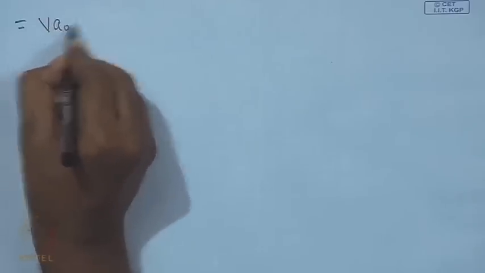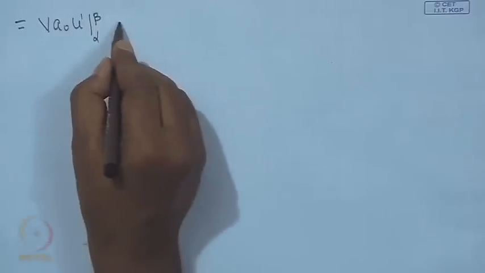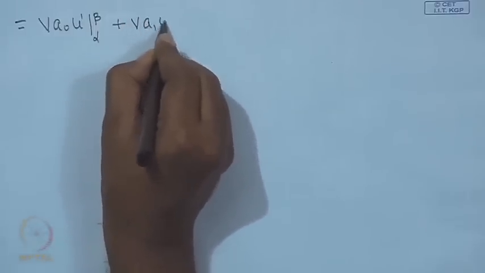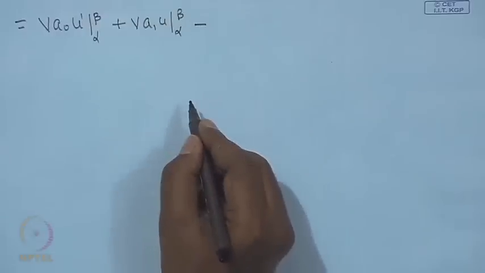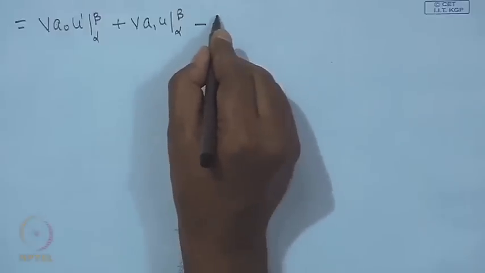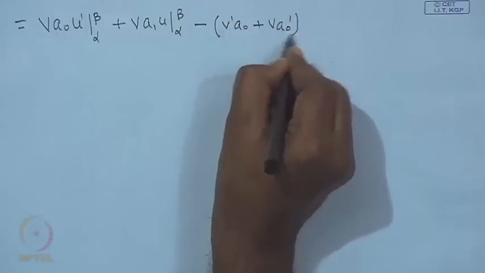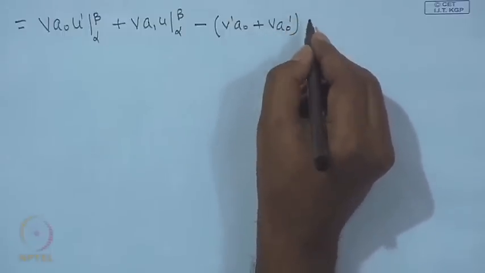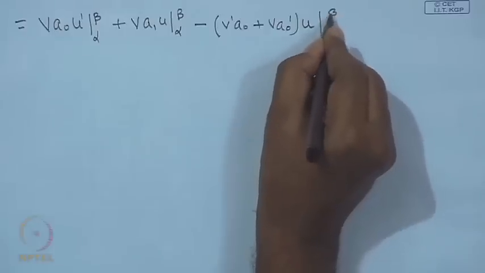Okay. So, we carry forward next step, that is v a 0 u prime alpha to beta plus v a 1 u alpha to beta. Then we integrate by parts minus first function, that is v prime a 0 plus v a 0 prime, differential of the second function, that is the u evaluated from alpha to beta minus.